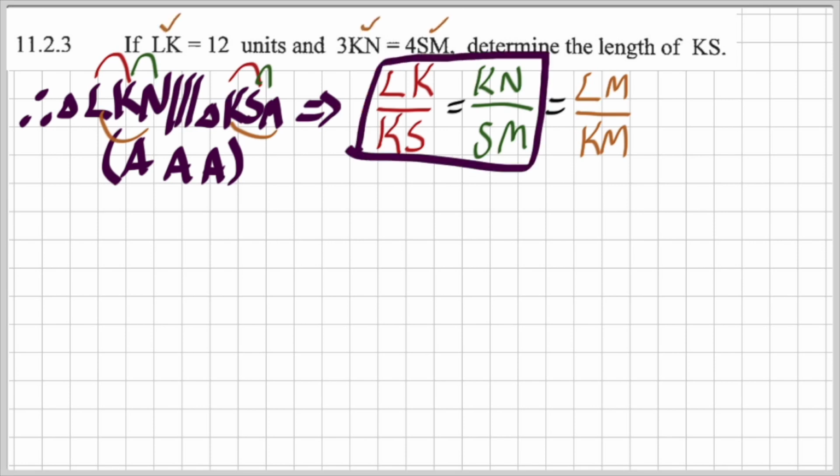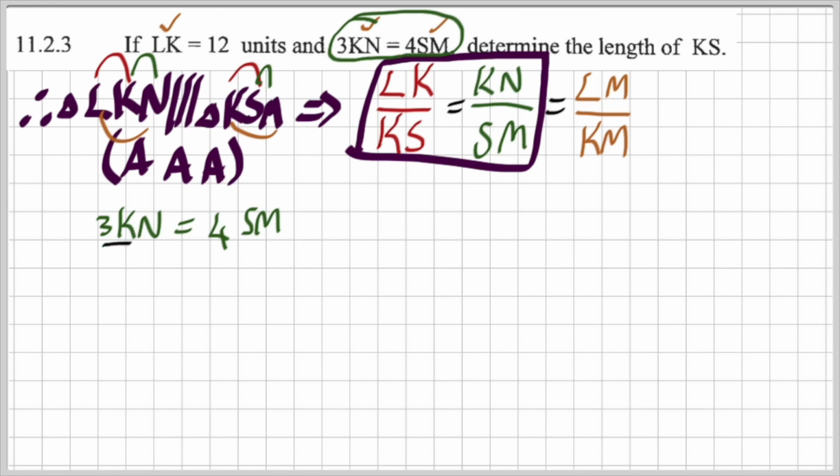I was given LK as being 12. In that second bit of information, they gave me KN and SM. So that's why I'm going to discard LM over KM. But to actually get this, I need to get a ratio here for KN over SM.